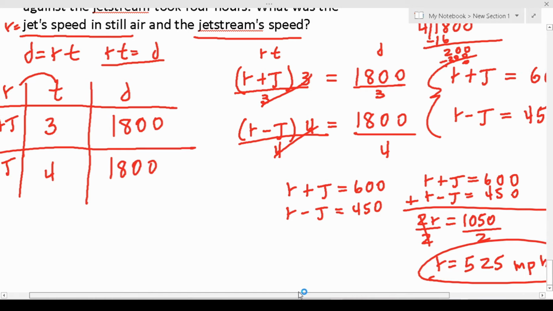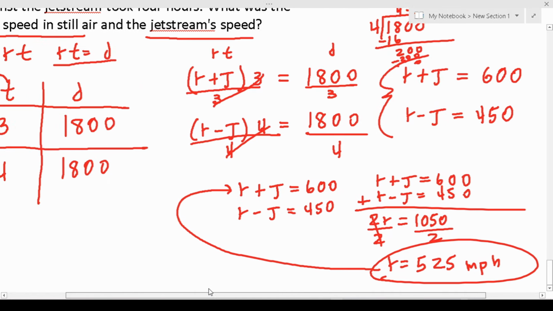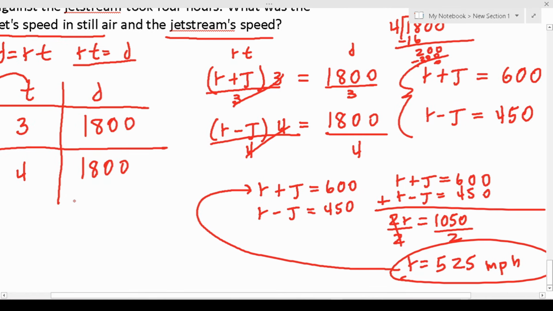In order to find the rate of the jet stream, we can take this R and plug it into either of these two equations and solve accordingly. I'm going to take this R and plug it into this top equation here, which will enable me to easily solve for J. So let's go ahead and do that. Again, we have R plus J equals 600. Let's plug in 525 in place of R. My pen's starting to act up, given that this video is getting a little long.